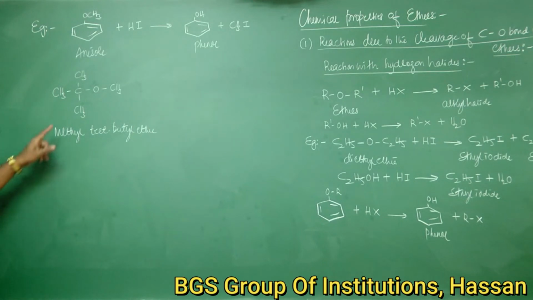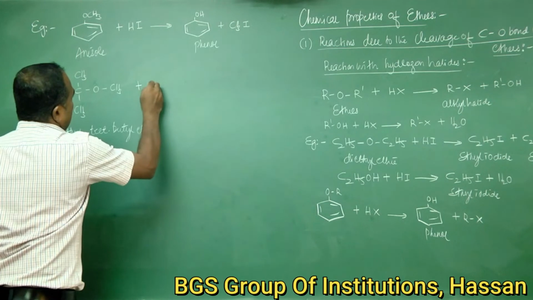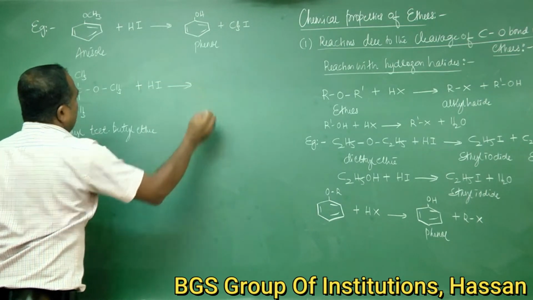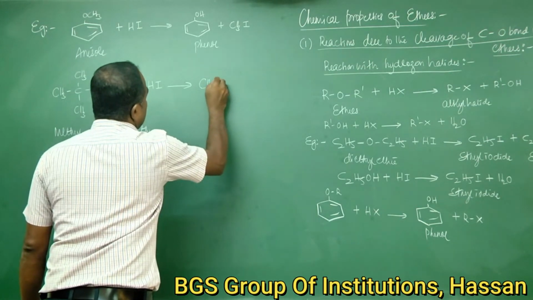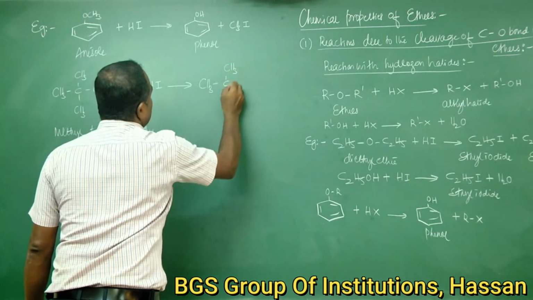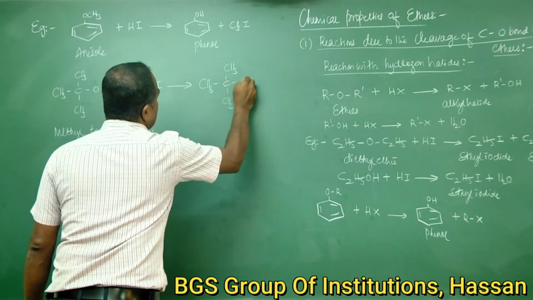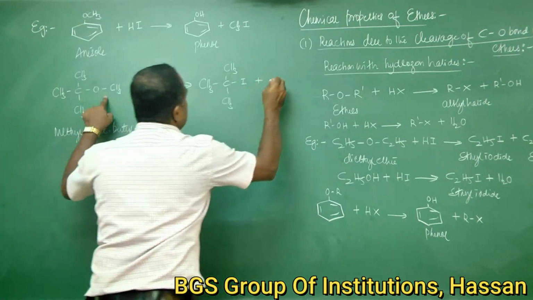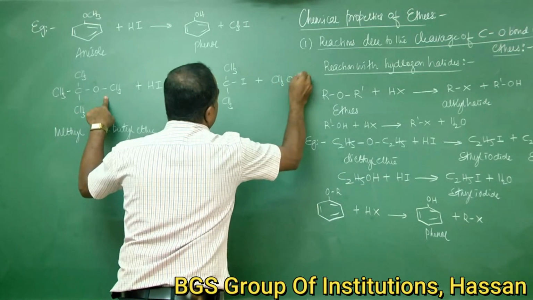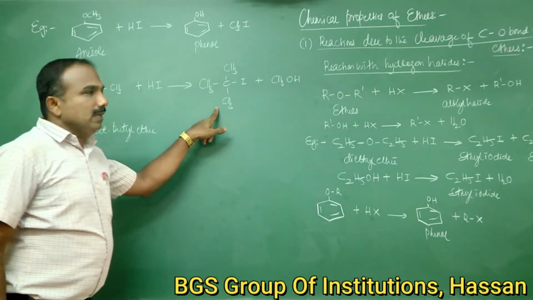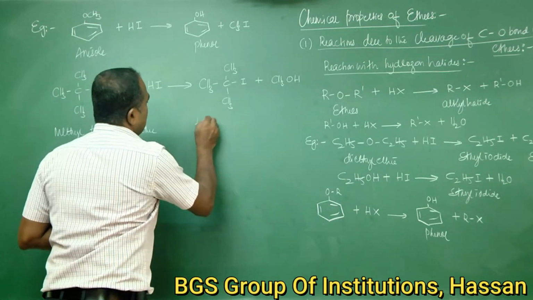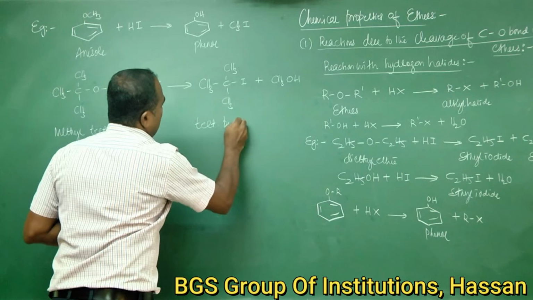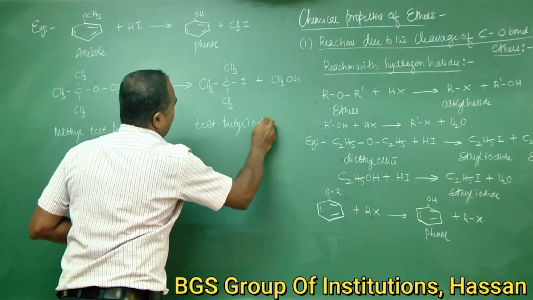Substituted ethers on heating with hydrogen iodide give CH3-C(CH3)2-I plus CH3OH. The name of this alkyl iodide is tertiary butyl iodide.